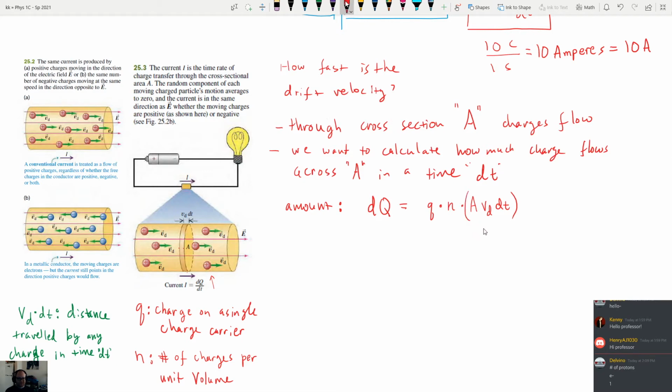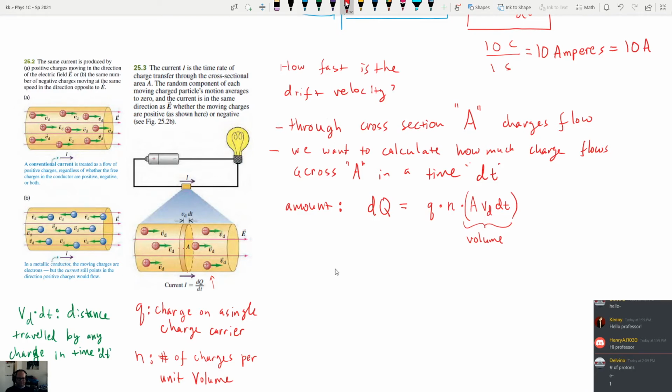This is volume, and this is number per volume. That should be the total amount of charge.